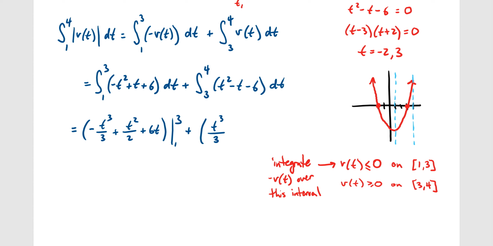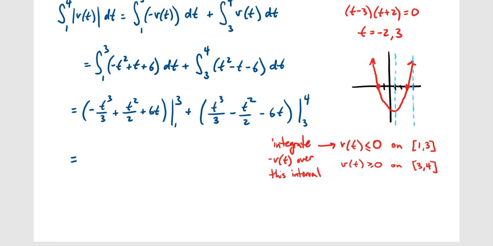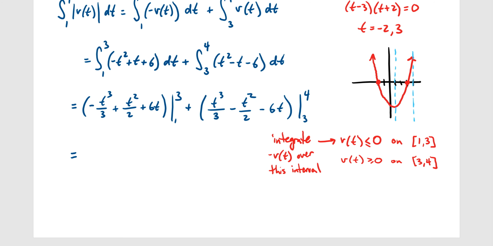T cubed over 3 minus t squared over 2 minus 6t evaluated from 3 to 4. If we actually calculated that out, which I recommend you doing, we would get 61 over 6, which is going to be about 10.17 meters.